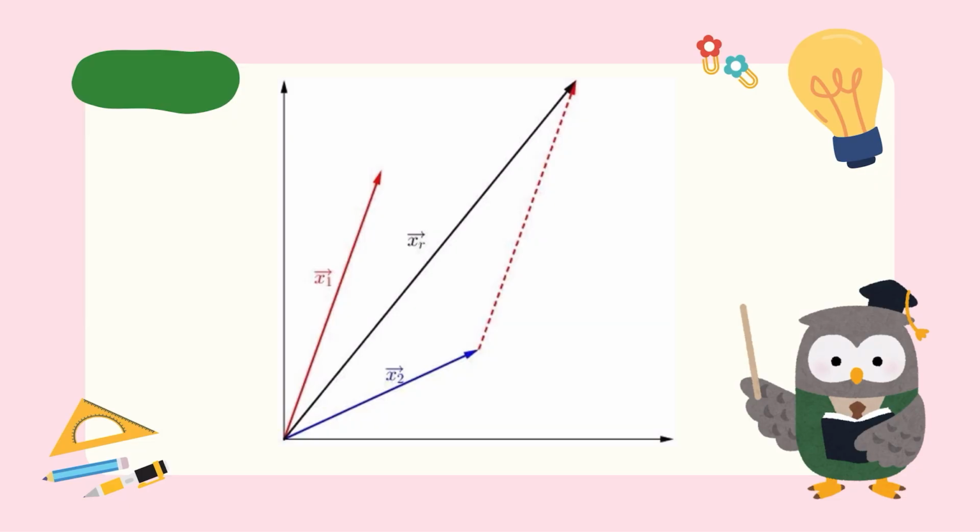As we can see, the red one x1 and the blue one x2, if we move x2 directly to the top, make it tail to head with x1, then we can form another triangle.